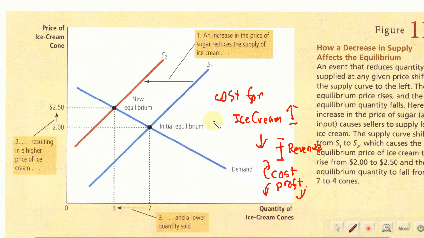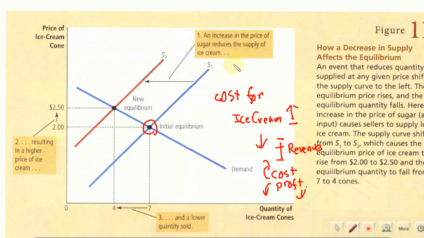This case too. Look at this. Okay, this is equilibrium here, and a sudden increase in the price of ice cream.